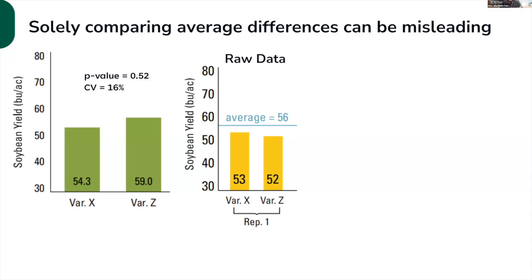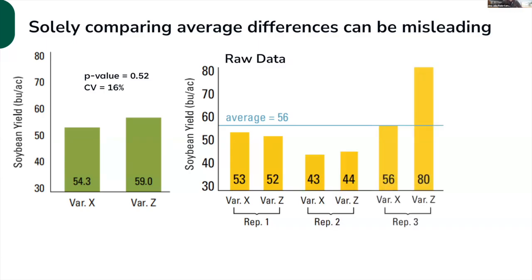We were talking about repetition. In this experiment, we have the first repetition with variety X and variety Z, and actually they are not that different. In the second one, again, they are not that different, and variety Z is a little bit higher.